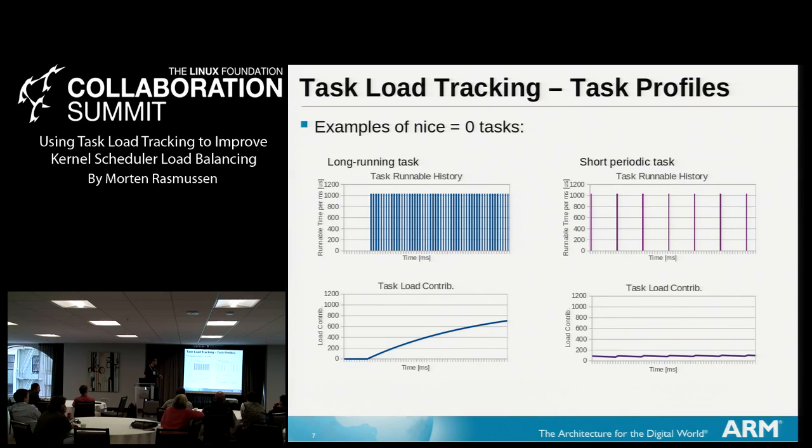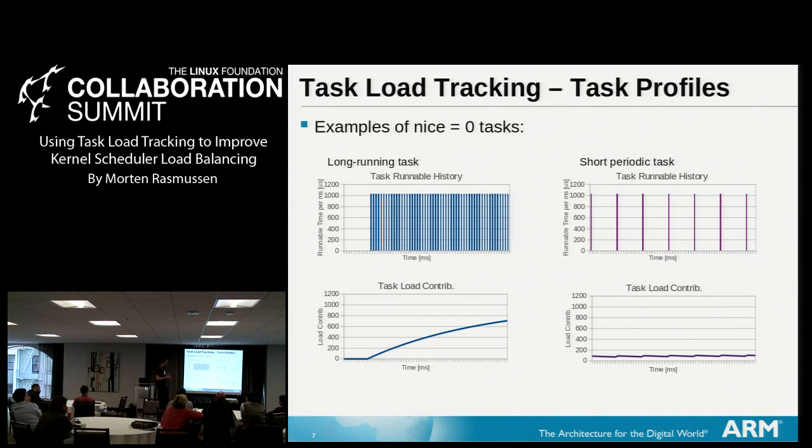Yeah, enough about the math. If we look at two examples of different tasks and how the load average contribution looked like, here we have a long-running task to the left. The upper graph shows, again, the execution history. The task woke up quite a while ago, and it's just sitting on the run queue, or it's executing all the time, basically.